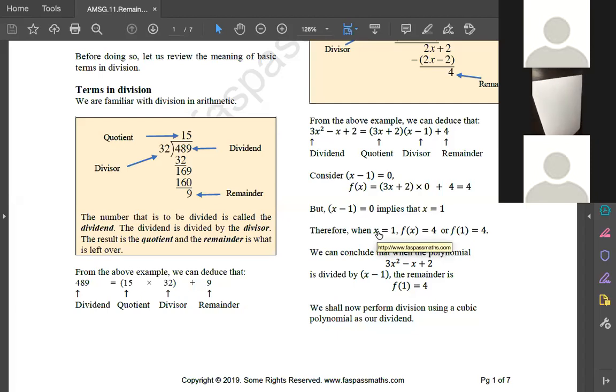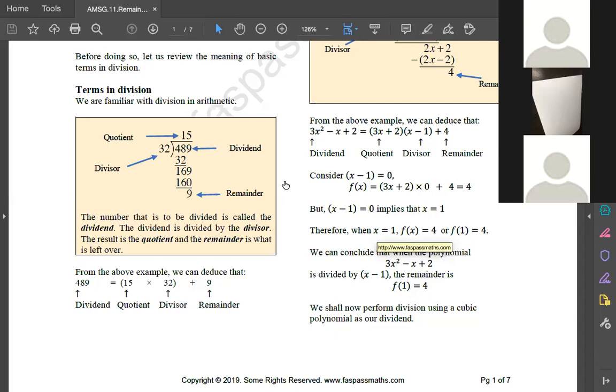So that is the basics for the remainder theorem. The whole idea is now we give you a dividend with a higher degree, and then we give you the divisor or the factor. Now they can ask you to find the remainder when this quadratic or cubic expression is divided by this linear expression.